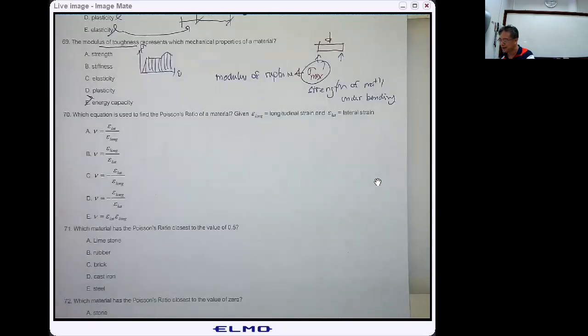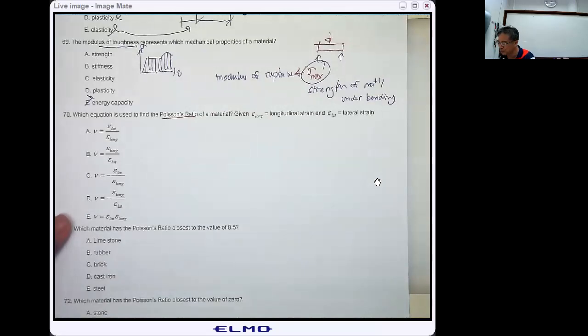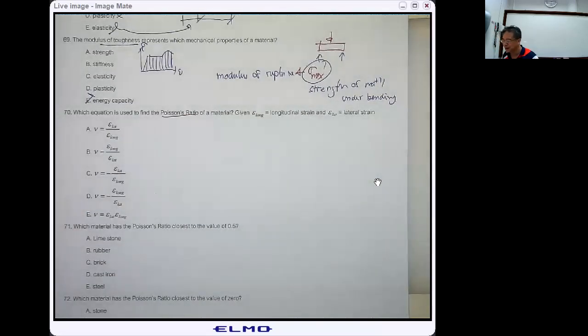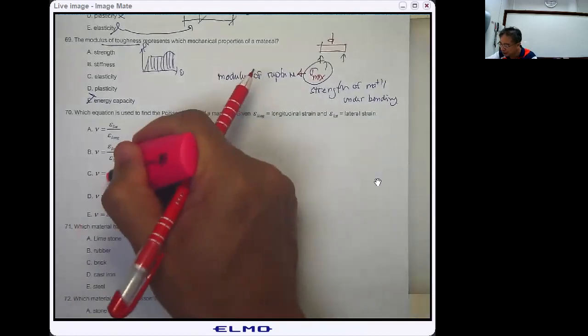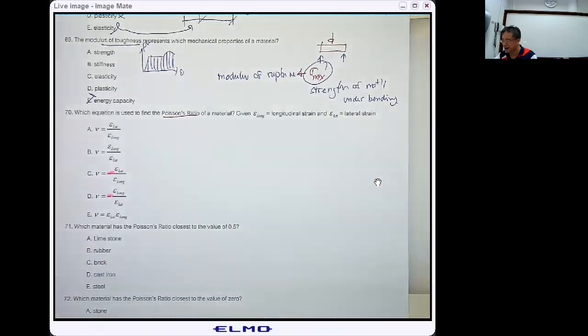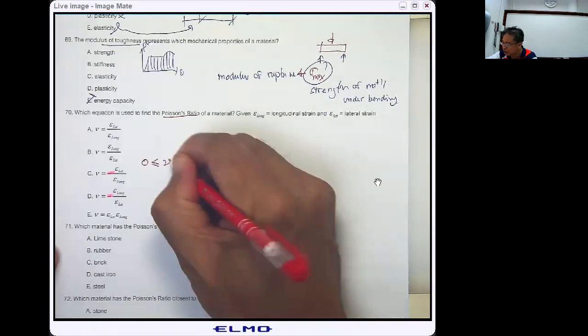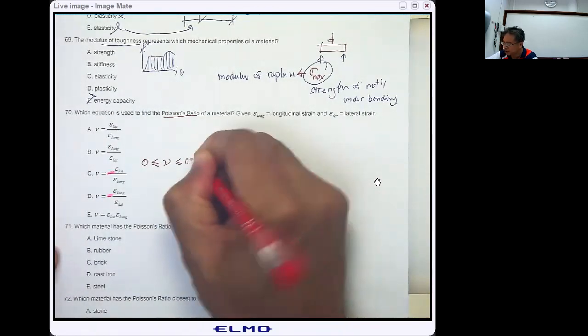Then come to the Poisson ratio, which is the equation from the Poisson ratio. The ratio always has the negative sign, right? So they're going to have these two equations. And then the Poisson ratio has a value between 0 and 0.5.